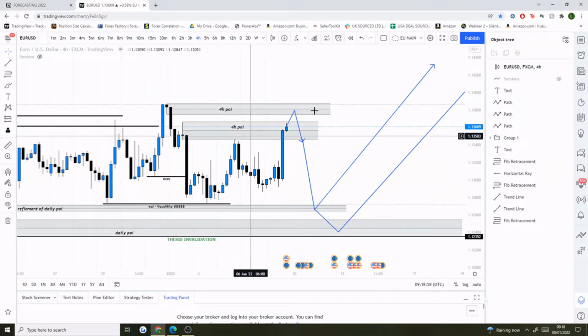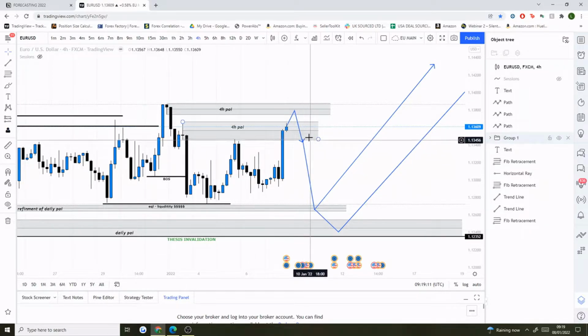So for me, going into the start of next week, I'll be open to price selling away from either this area or this area. So if we do just start to see the order flow transition on the lower time frames from this area, then I'll be looking for entries to then capitalize on this range back down into this daily point of interest here.